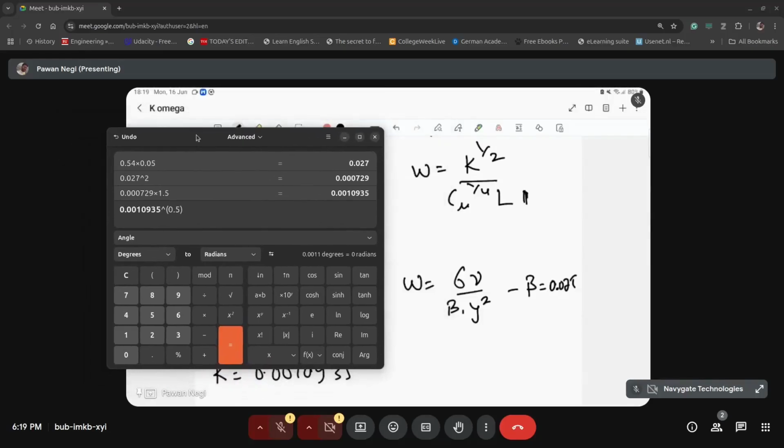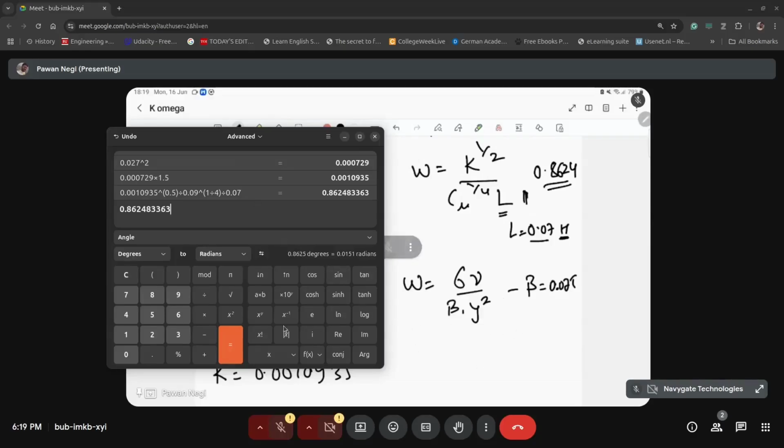Then taking the square root of this and dividing by 0.09 to the power 1 by 4, and then dividing by 0.07 times h. So h is 1, and we put 0.07 directly, and we get omega as 0.8624.